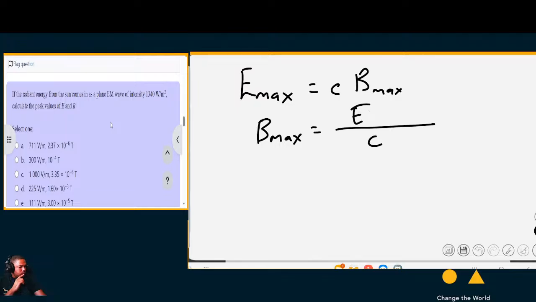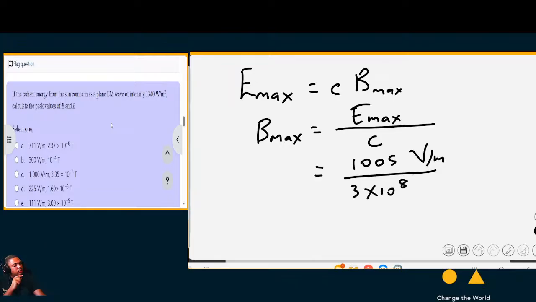So E max divided by the speed of light. E max we just determined is 1005 volts per meter, divided by 3 times 10 to the 8. You get B max as 3.35 times 10 to the negative 6 Tesla, while E max, the electric field value, is much larger.